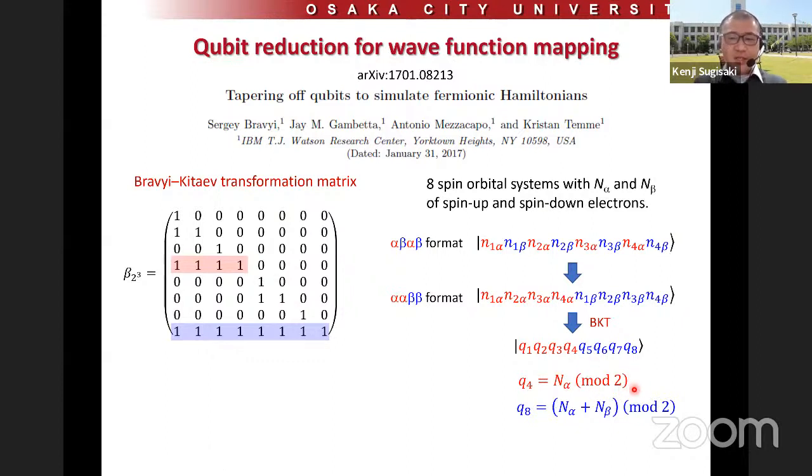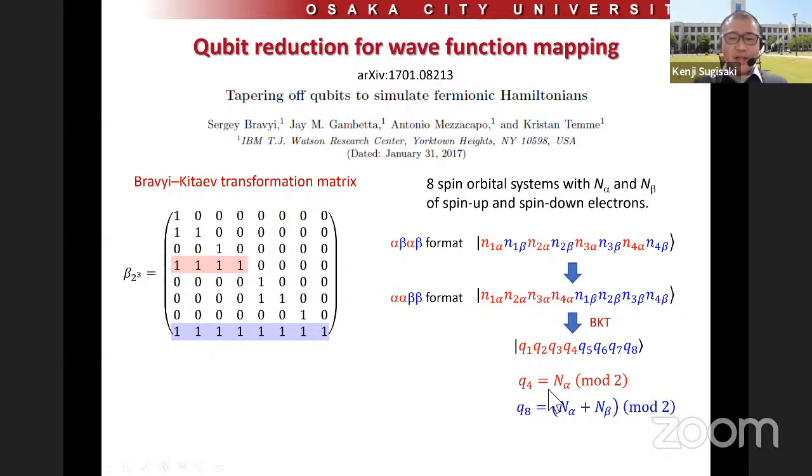And also the Q8, this qubit, stores the number of all electrons, I mean N alpha plus N beta modulo 2. So in this case, if we specify the system, we can think about a four spin-orbital system with 2 spin up and 2 spin down electrons.